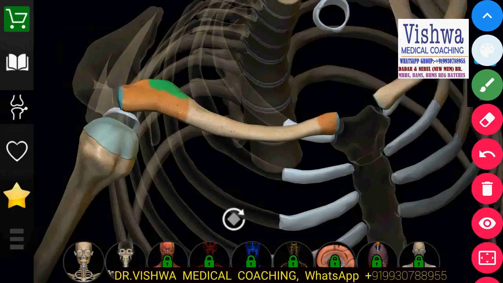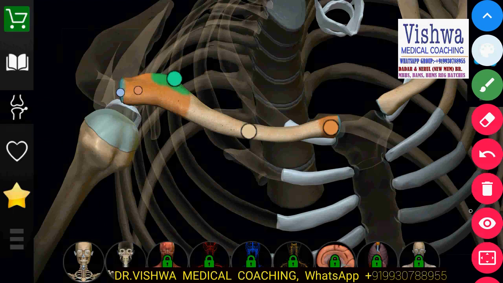What are the joints it takes part in? Remember, the medial end of the clavicle articulates with the manubrium, part of the breastbone or chest bone.